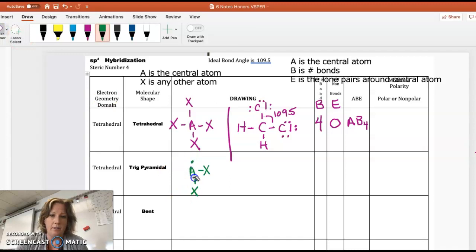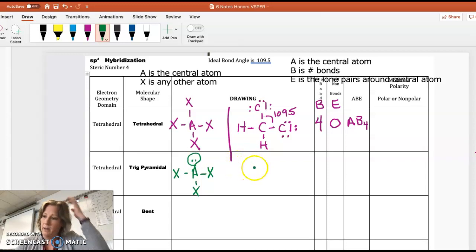So if we go to our sheet, I'm going to do this with you, we would still have a central atom we'll call A, and then we would have those 3 bonds and that lone pair of electrons. You can leave them like that. You can put a little bubble around them the way the PHET did. So an example of this would be NH3. This is ammonia. It's a cleaner that is kind of stinky.